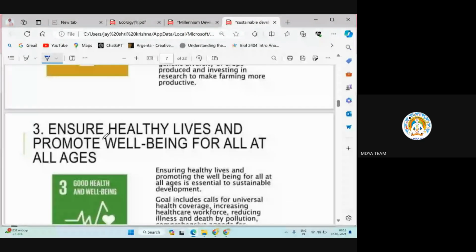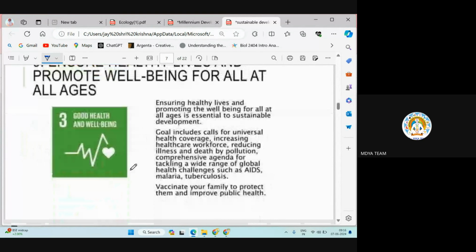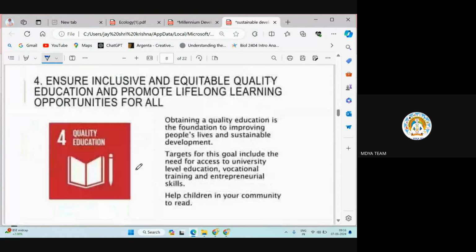Third one is ensure healthy living and promote well-being for all at all ages, so it's good health and well-being. Next is quality education: ensure inclusive and equitable quality education and promote lifelong learning opportunities for all.